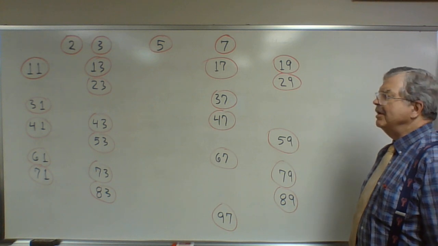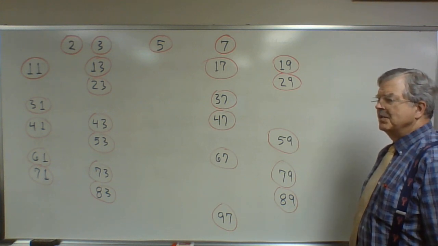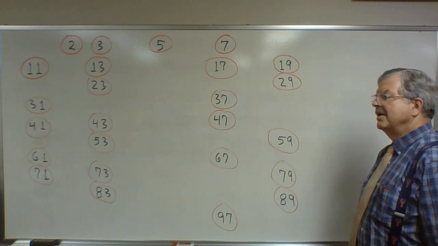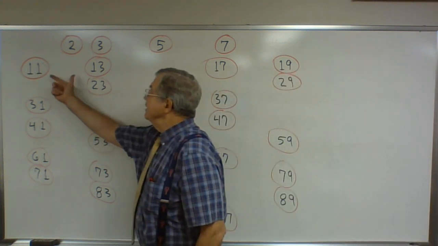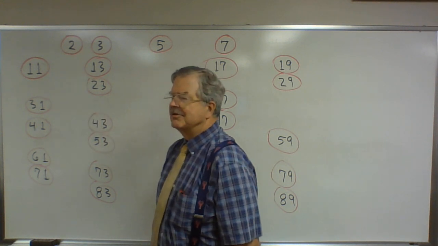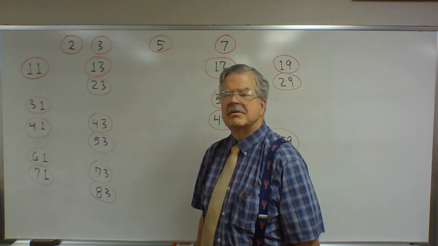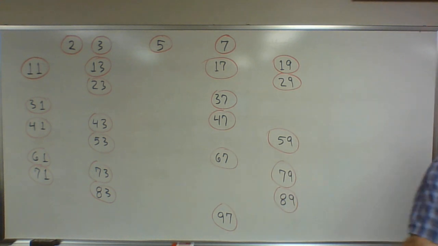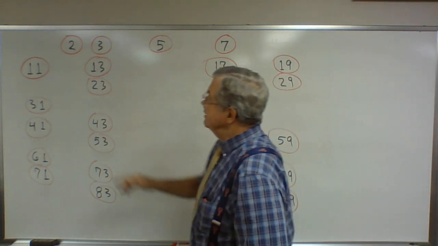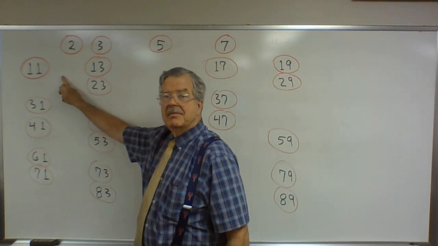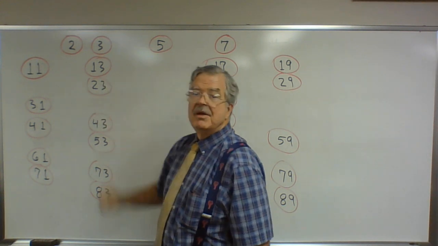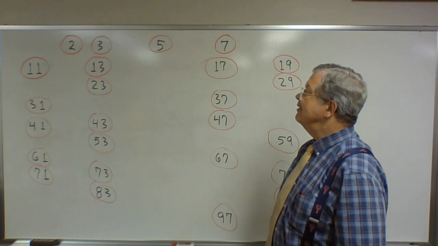And then the next smallest multiple of 11 that wouldn't have been eliminated would have been 11 times 13, which would be 143.